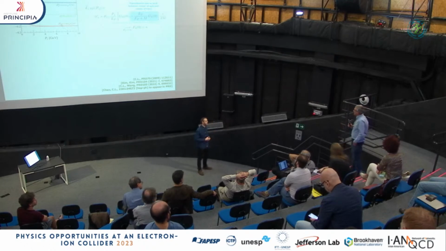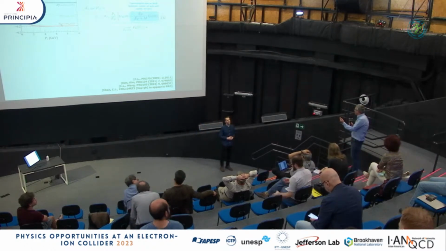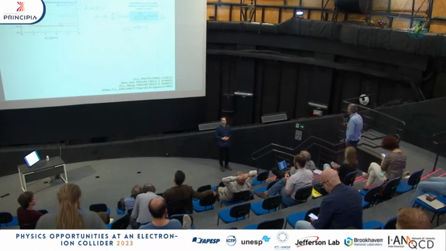More a curiosity. Even in the bright frame, we can rotate the Z direction along the momentum transfer. Some people have used this kind of frame. And in this frame, you maximize the pairs that the virtual photon produces. Can we learn something from this?